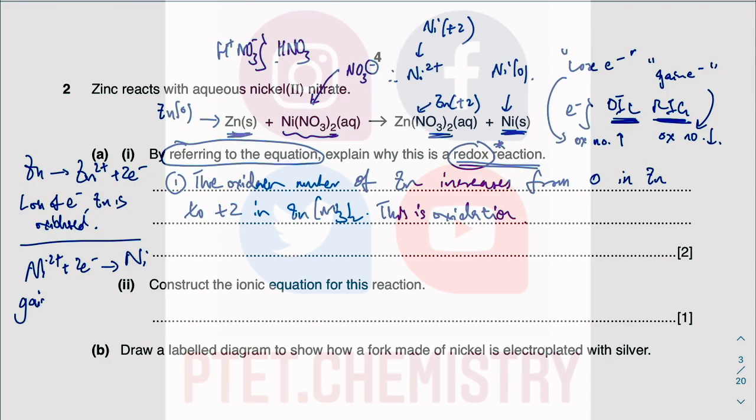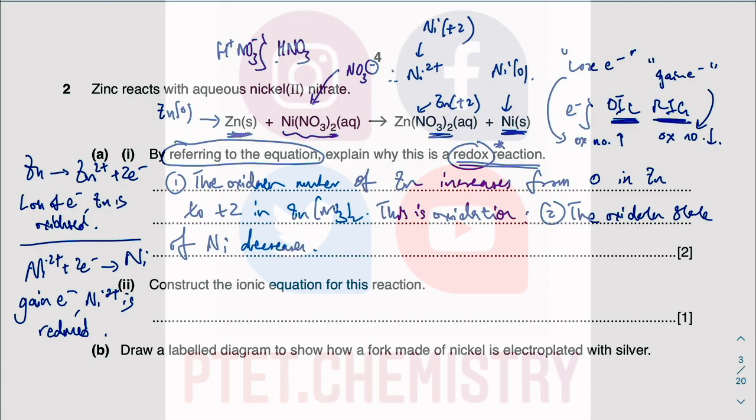Nickel 2 plus gains electrons. Oxidation and reduction refer to the species, so nickel 2 plus is reduced. So there are two alternatives there, and whichever one you've been taught in school, I'm sure will be alright.